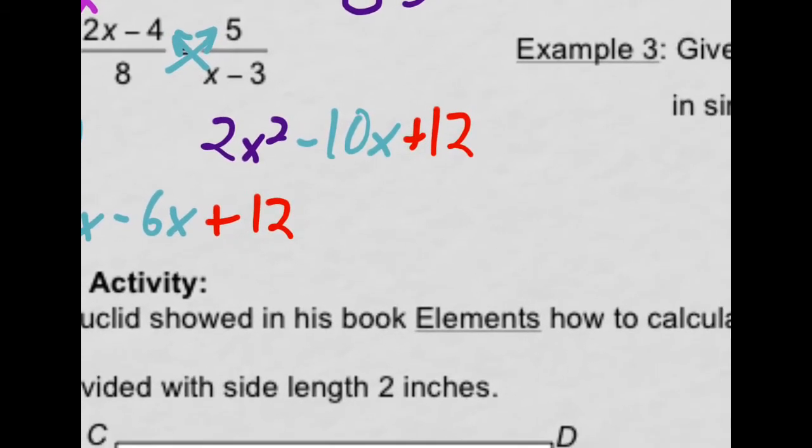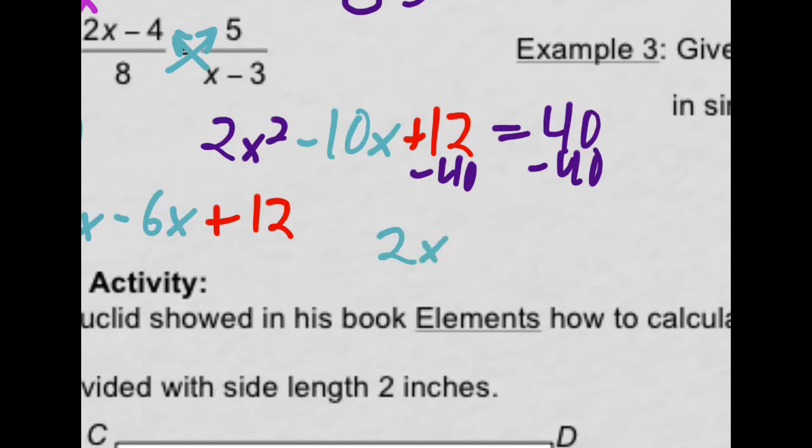As you can see, this takes up a lot of room. Is equal to 40. And so I'm going to subtract 40 from both sides because I want to try to get this side of the equation at 0, and that's how I'm solving my quadratic. So I come up with 2x squared minus 10x, and then positive 12 minus 40 is minus 28.